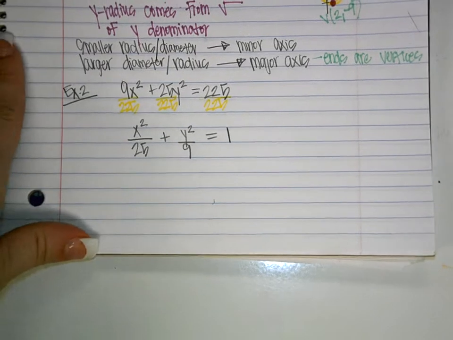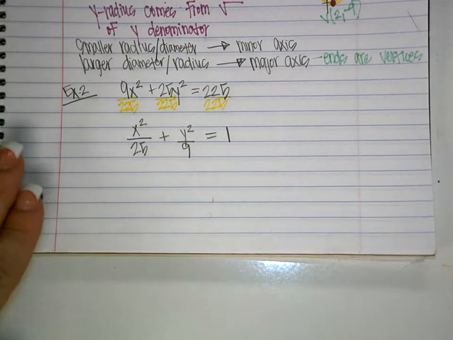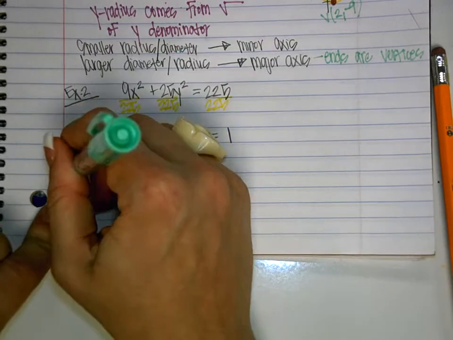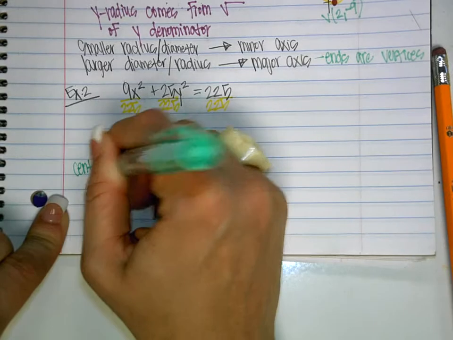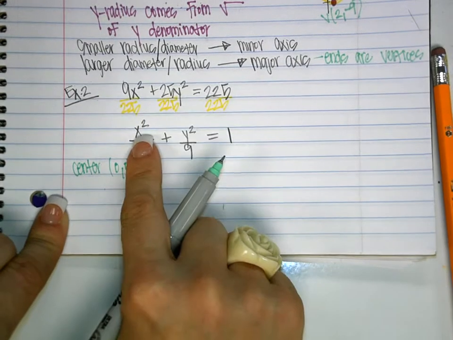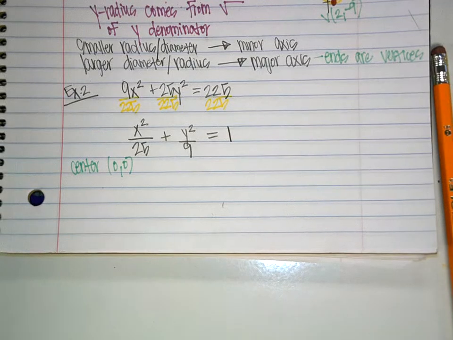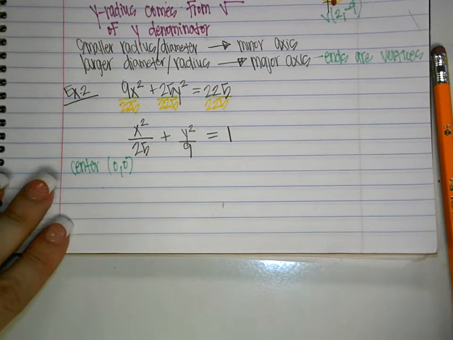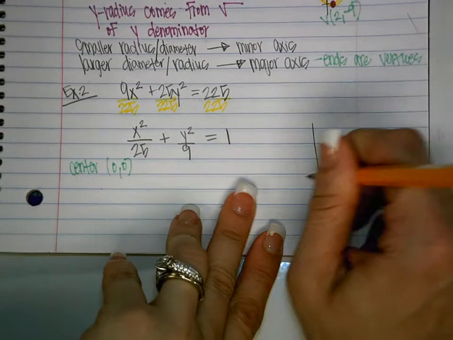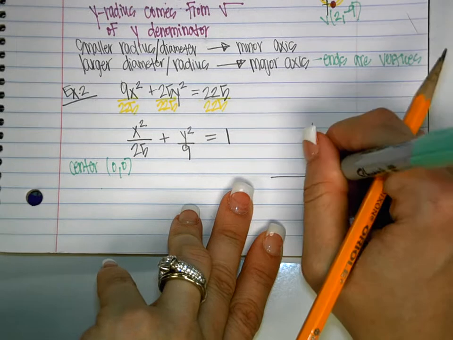Okay? For this next one, so what is the center of this ellipse? 0, 0. Center will be at 0, 0. If it helps, you can put this in as x plus 0 quantity squared and y plus 0 quantity squared, but it's not necessary. Okay? So let's go ahead and draw this. So this center will be at 0, 0.